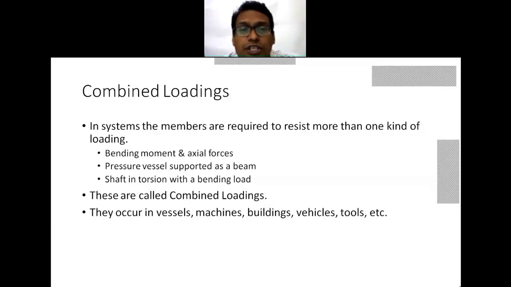So in a system, the members are required to resist more than one kind of loading, that is the bending moment, then axial forces, then pressure vessels supported as a beam, then shaft in torsion with bending load. All these are going to affect, and for that purpose we are going to study combined loading and calculating the resultant stress.